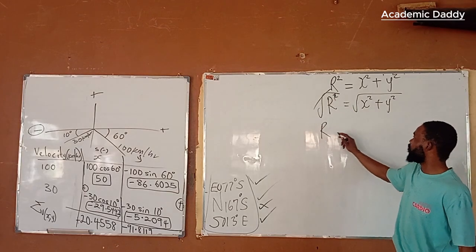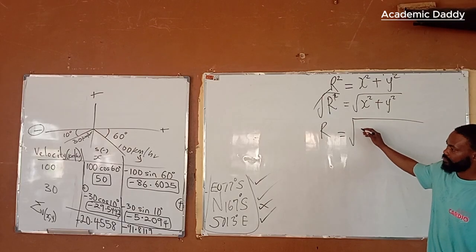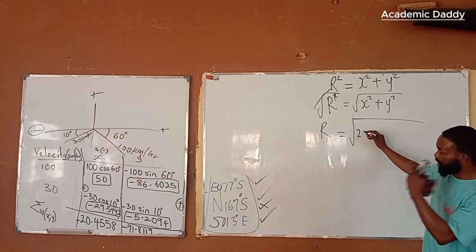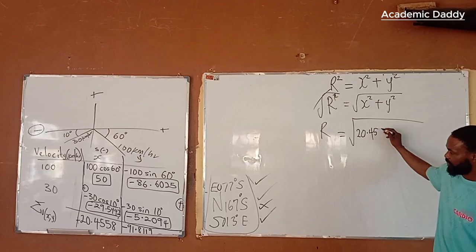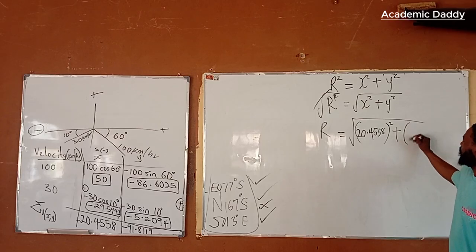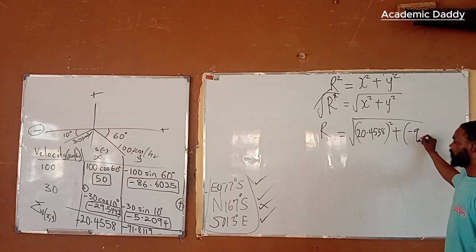So R is equals to, what do I have on the X? X is 20, Shebi? That is on the X now. X axis is 20 points. You know that there's no need putting the minus, but let me put it, yeah?